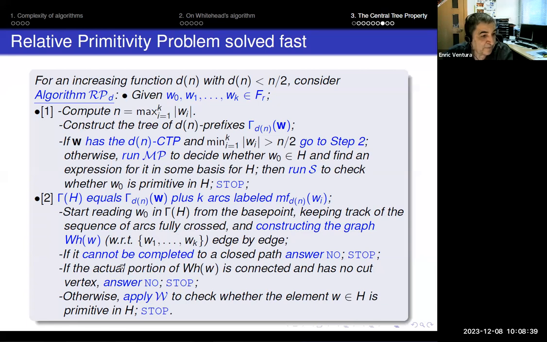If you cannot complete a closed path, then the answer is no.